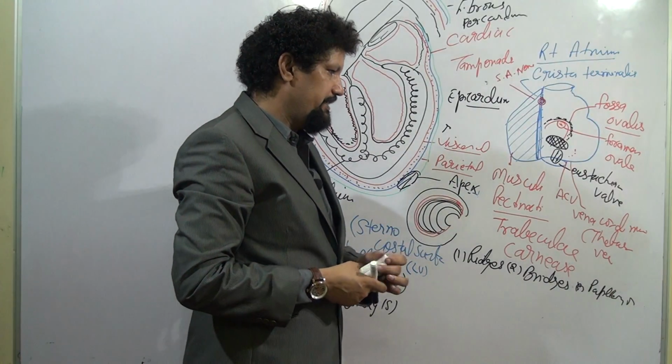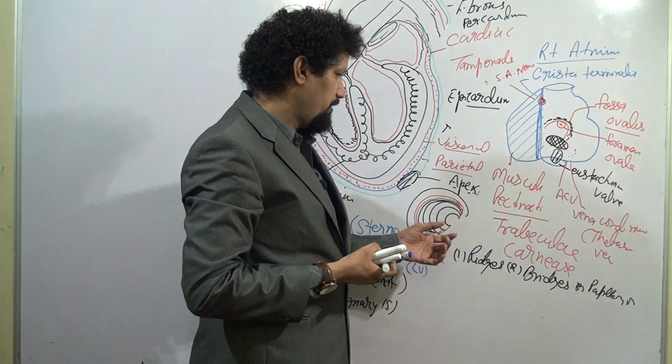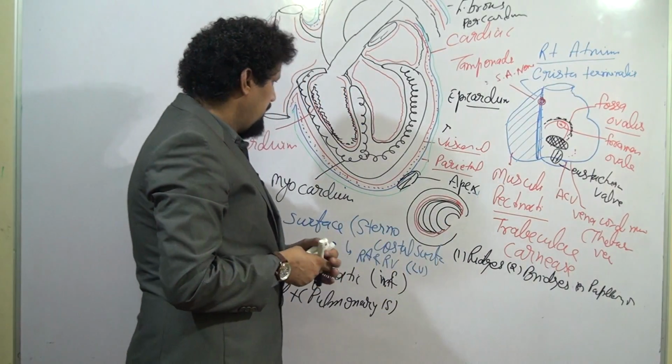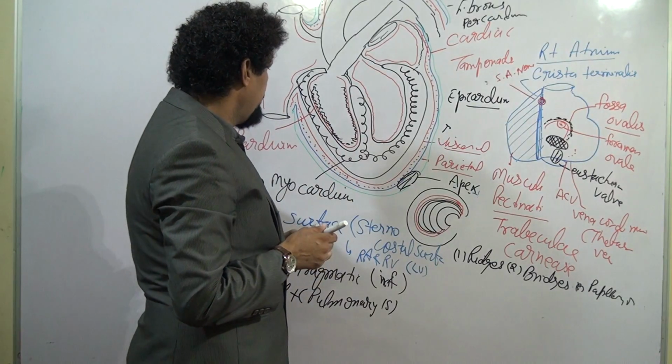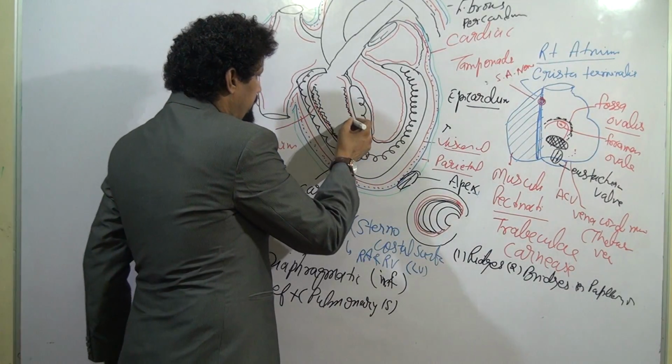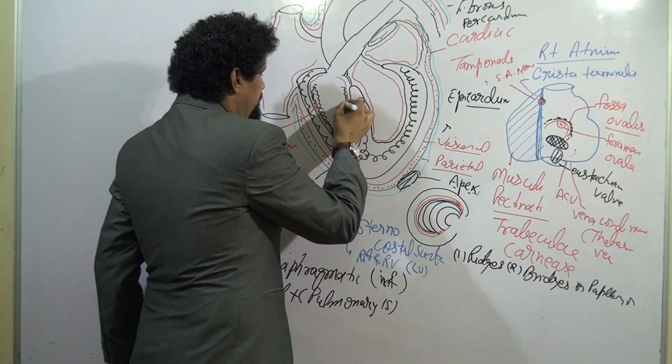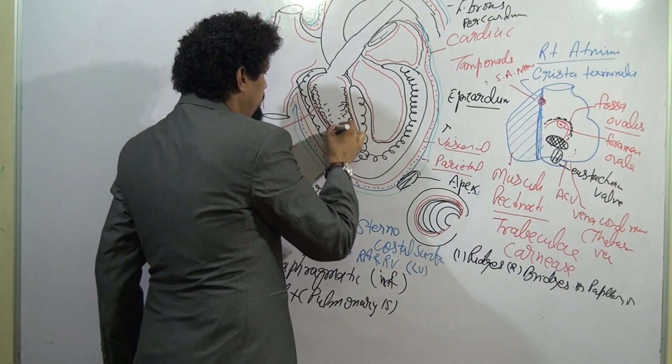The bridges run from the interventricular septum to the middle of the lumen.